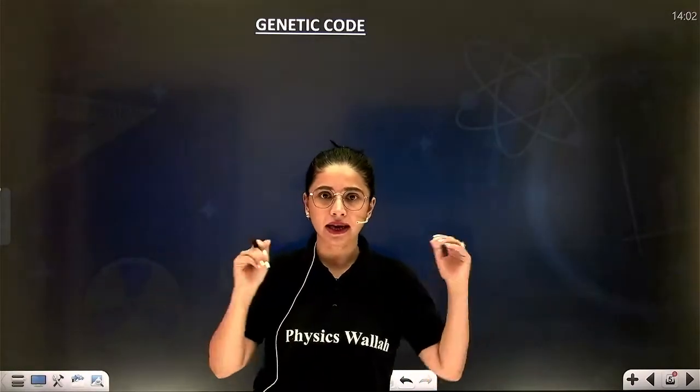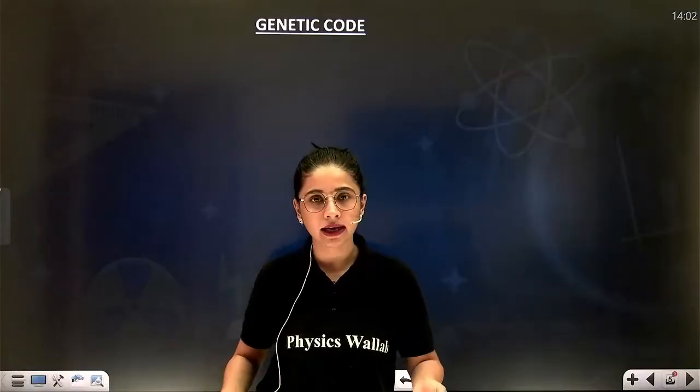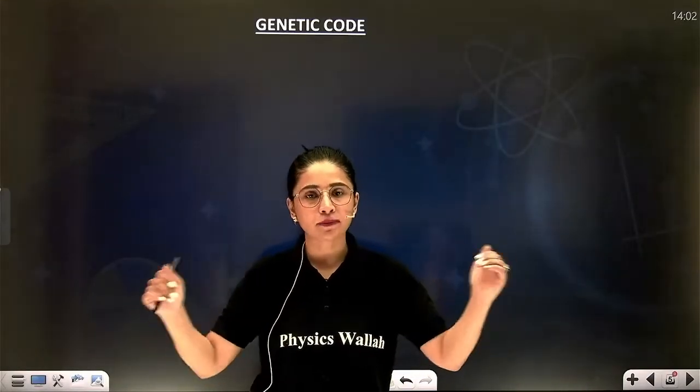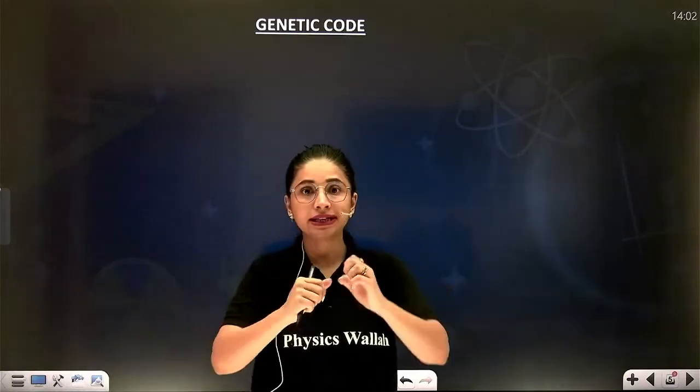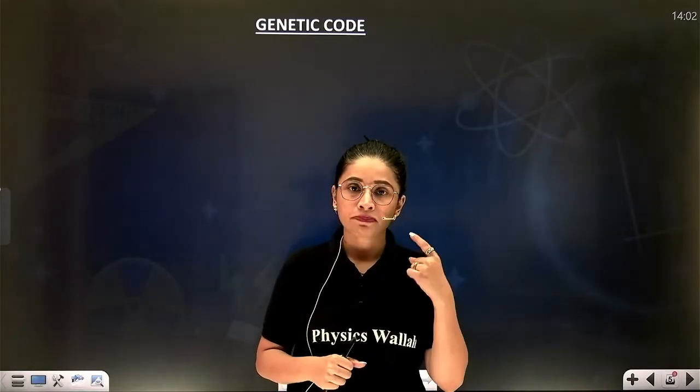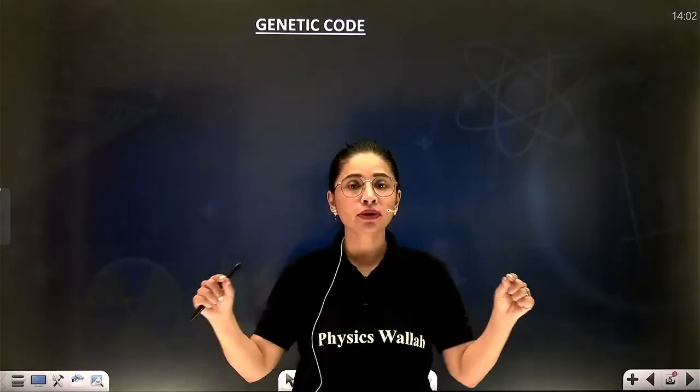See, now RNA is ready. You are having all the types of RNA: mRNA, tRNA, rRNA. So with the help of transcription, you have produced all the types of RNA. Now all these three together help in protein synthesis, correct? Of which messenger is carrying the information.